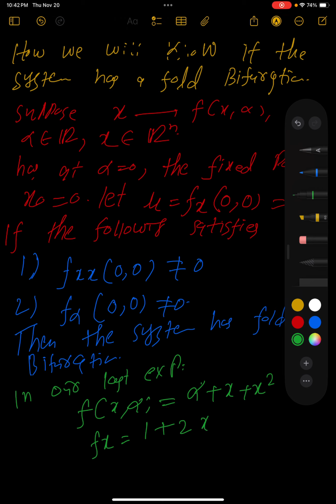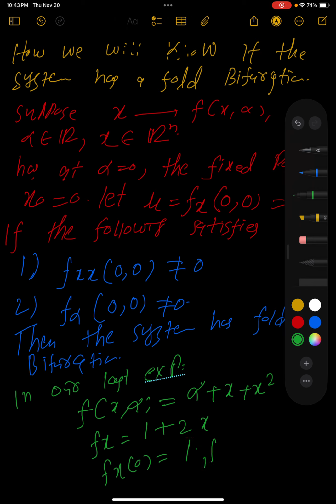Now at what value of x is this f_x equal to 1? Definitely we have to find the alpha value, because we don't know at what value of alpha this holds, but for any value of alpha this is actually 1.